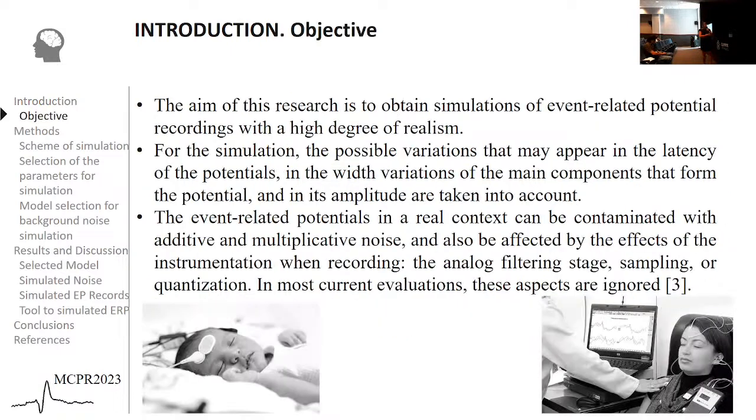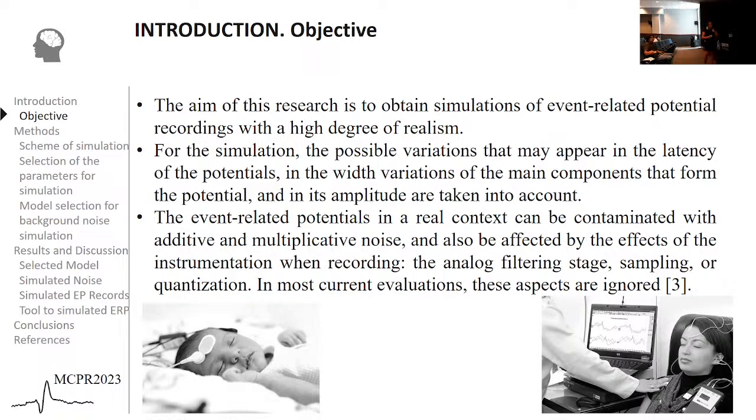What is the objective? The aim of this research is to obtain a simulation of event-related potential recording with a high degree of realism. For the simulation, the possible variation in the latency of the potential, in the width of the main component that forms the potential, and in its amplitude are taken into account.